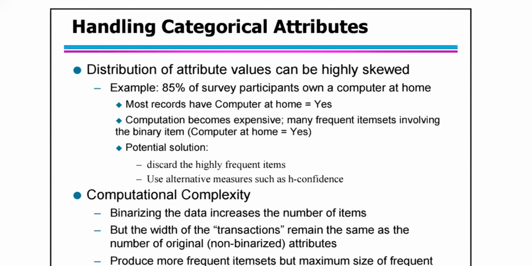For example, gender you represent as one column only, either male or female, in that table. But whenever you convert categorical data into binarized form, automatically this gender column becomes two columns.